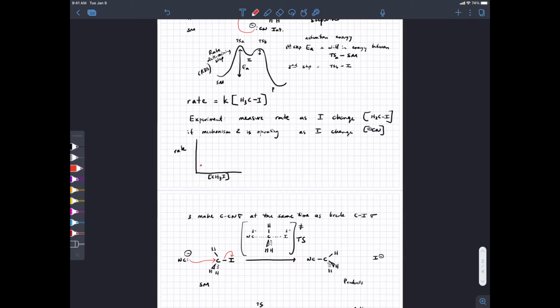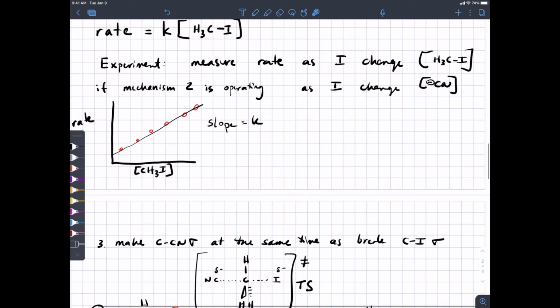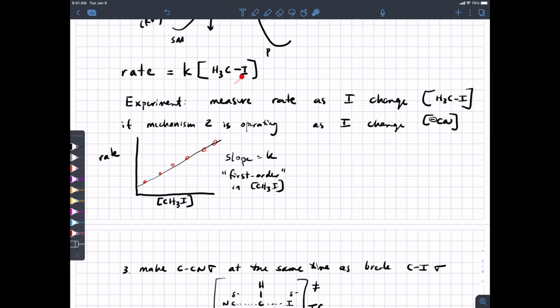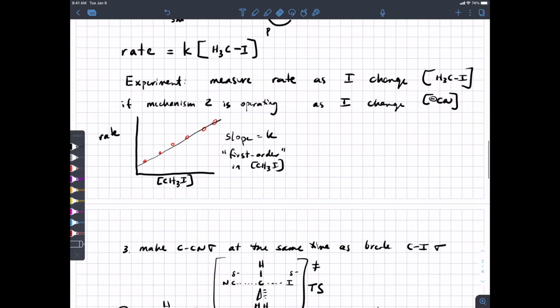I would do the experiment, plot the values, do some linear regression and figure out what the slope was, and the slope would be the rate constant. That would tell me that this reaction is, and we would use the term, first order in methyl iodide, because in the rate law the concentration of methyl iodide is raised to the power of 1, or in other words, the plot is linear.